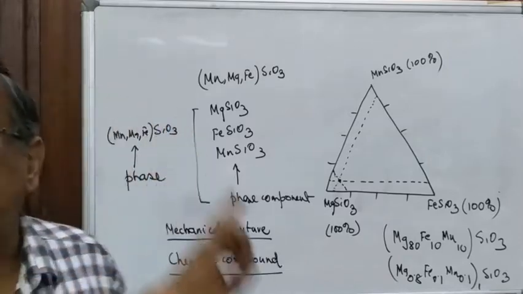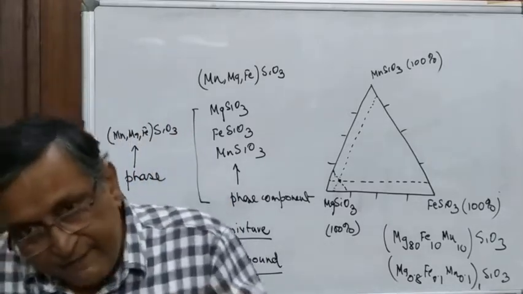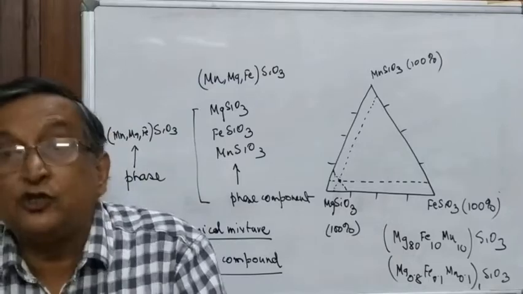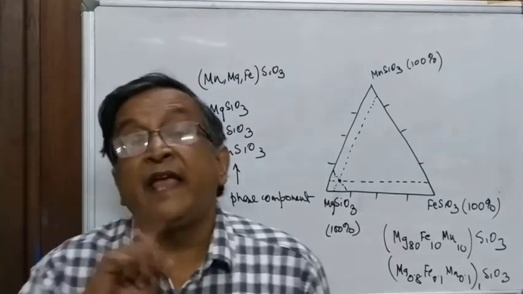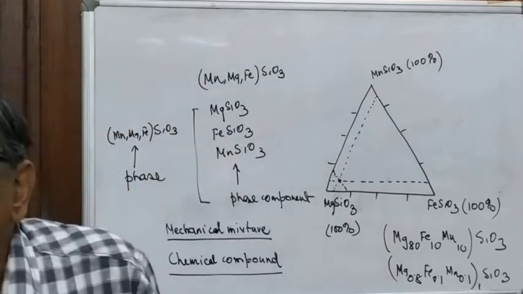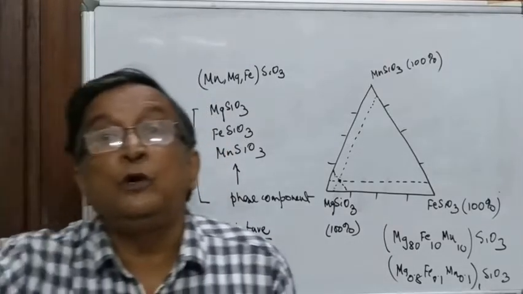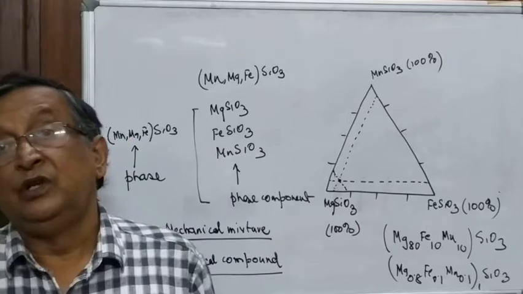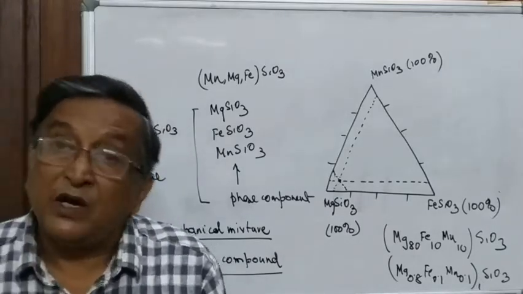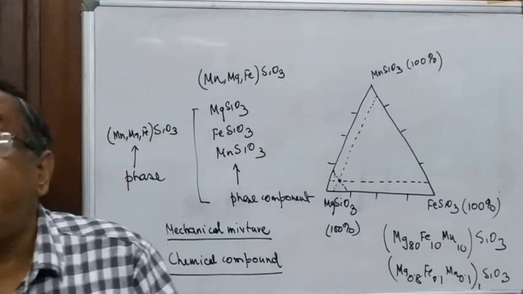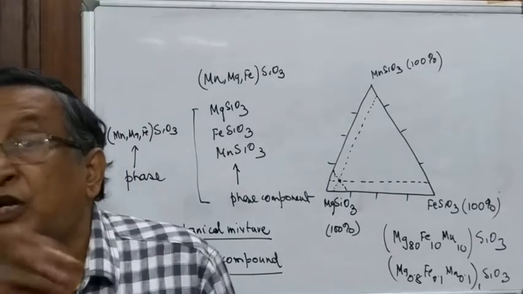But in a chemical compound, you cannot distinguish or physically separate the two components. You cannot. That's the difference between a compound and a mechanical mixture. What I think you're looking at as a phase is a mechanical mixture of three molecules.